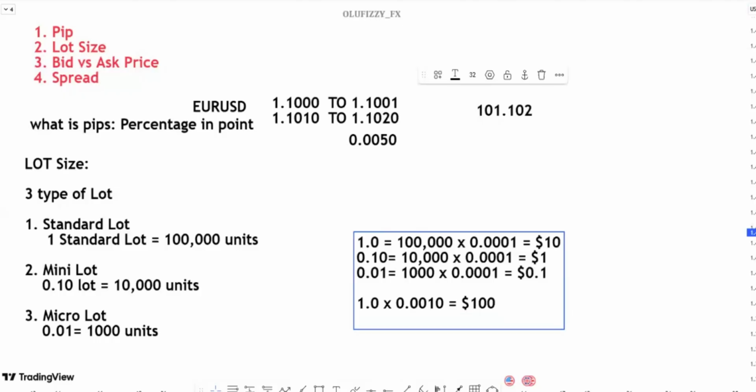And for the second trader that used 0.1, which is the mini lot size, times 10 pips, that one is going to be making $10.